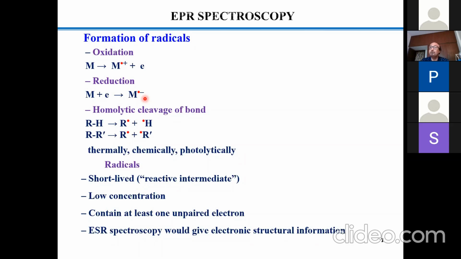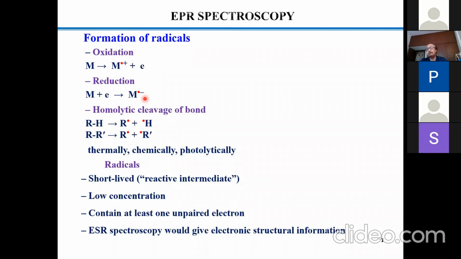EPR is one way; NMR cannot help you to understand that. If you need to understand the reaction mechanism, and your intermediates are very short-lived, they cannot be trapped by any technique other than EPR, because you can do the same reaction within the EPR cavity.